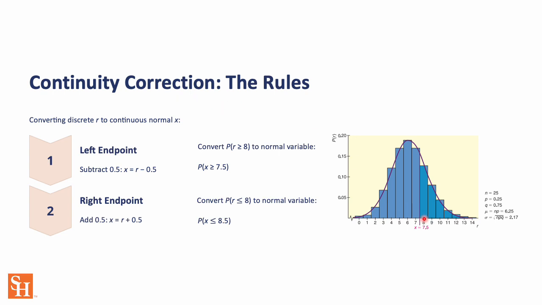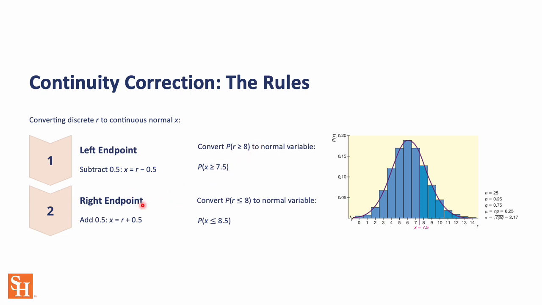Here our 8 was there, but if you look at this graph, this bar basically starts from 7.5, right? For the left endpoint we subtract 0.5. Our original problem was R greater than or equal to 8, and if we subtract 0.5 from there, it is 7.5, right?